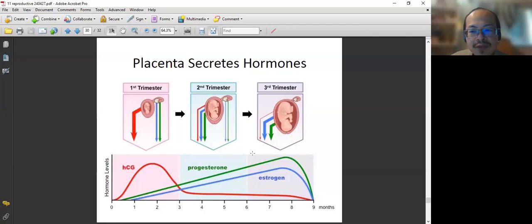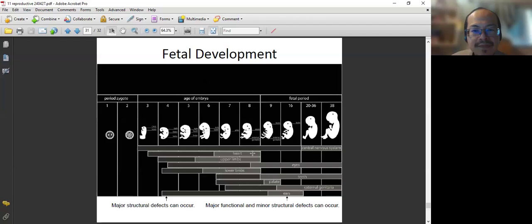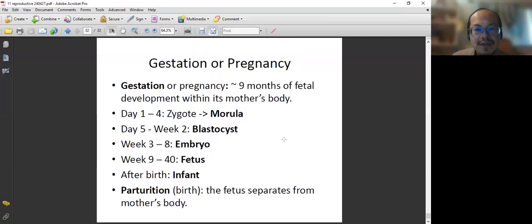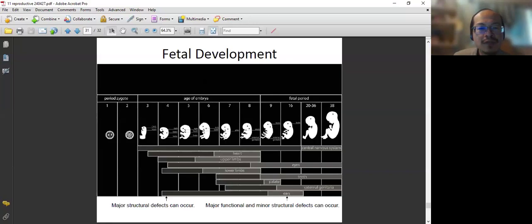We talked about this one already. For these last two slides, I just want to show you that the baby's development takes about 38 weeks. There are several durations critical for organ development.